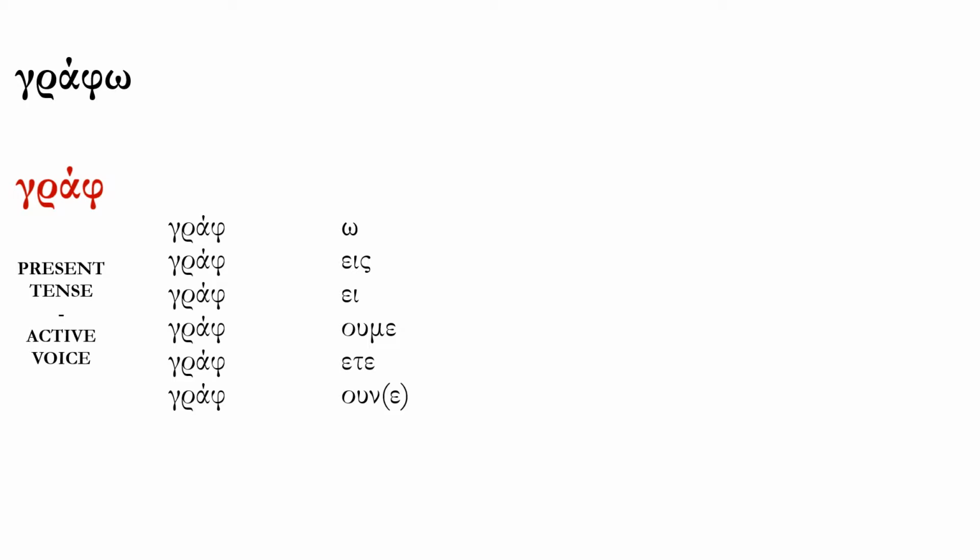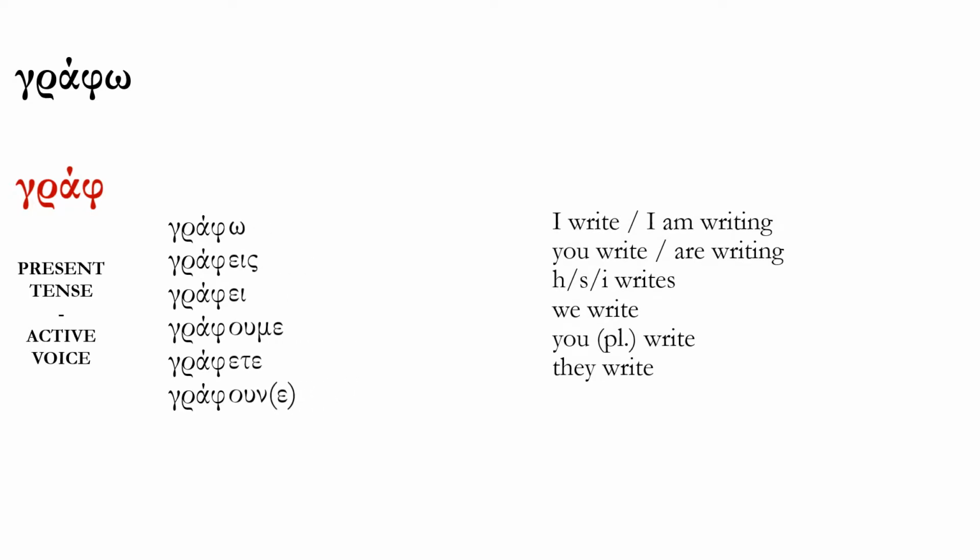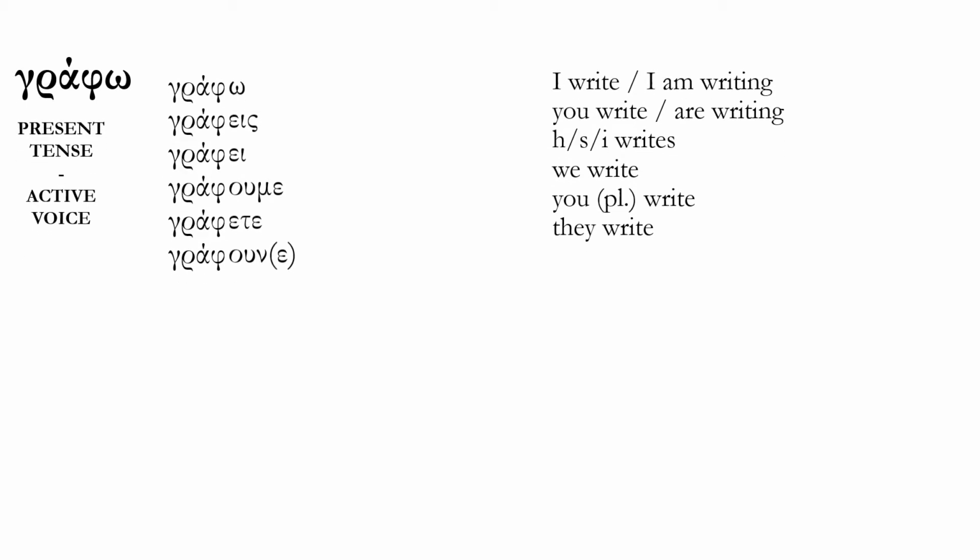I, you, he, she, it. And then the plurals, we, you all, they. And we bring our endings in, the very familiar endings that we've had for a long time, ever since we started with verbs. And we have grafo, grafis, grafi, grafume, grafete, grafun. I write or I am writing, you write or you are writing, and so on.